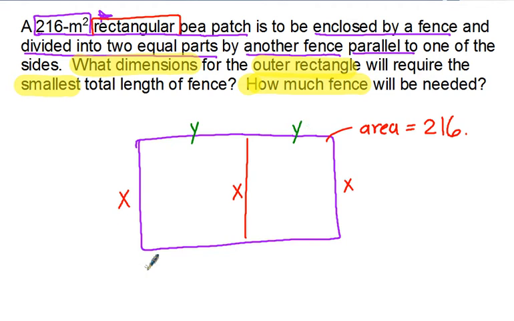You could just as well have chosen to call the entire width y, but that is up to you. You're in charge of symbols here. I've chosen to use the symbol y just to represent that much distance right there.